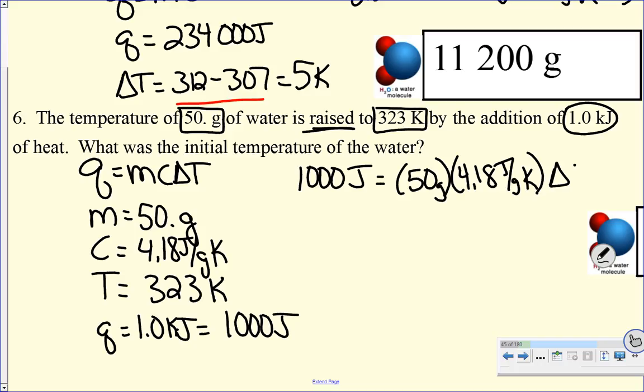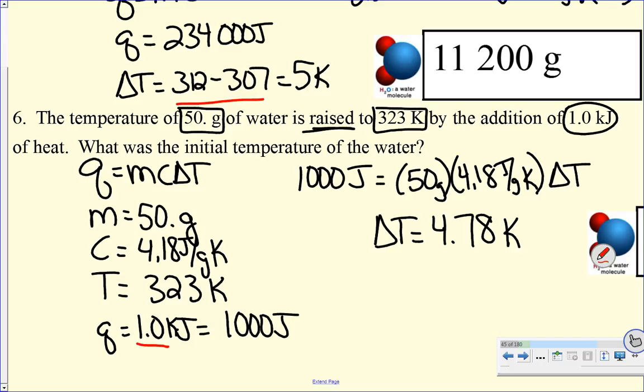We're actually solving for change in temperature. So what you're actually going to do first is solve for that change in temperature. And the change in temperature that you should get from this is 4.78 Kelvin.